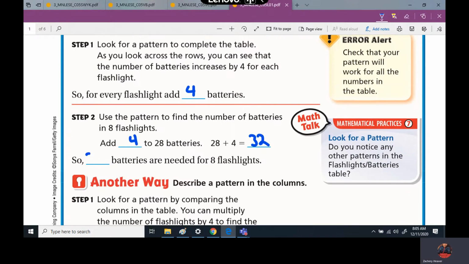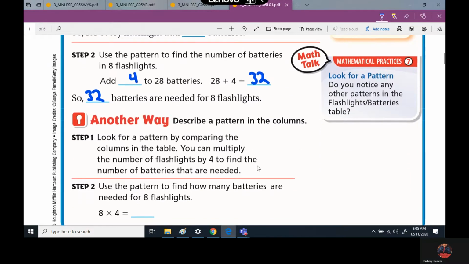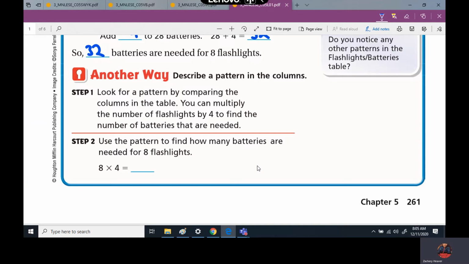So 32 batteries are needed for 8 flashlights. And that's the multiplication sentence, 8 times 4. So look at the pattern by comparing the columns in the tables. You can multiply each number of flashlights by 4 to find the number of batteries you need. And that is true. So 8 times 4 is 32. It's an easy one.